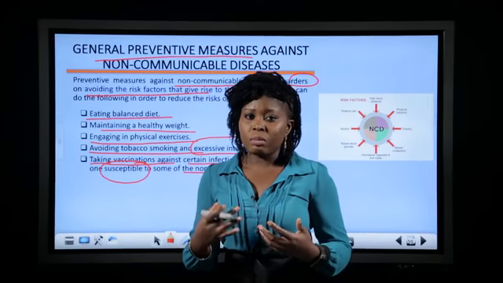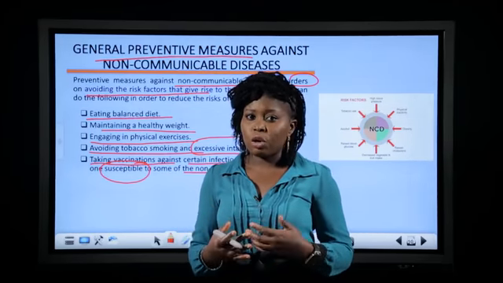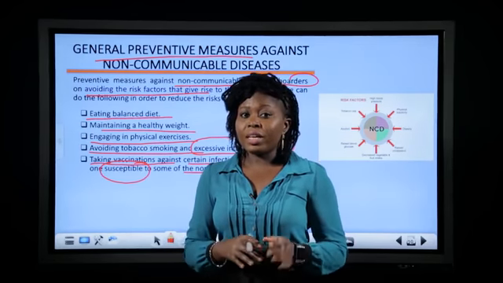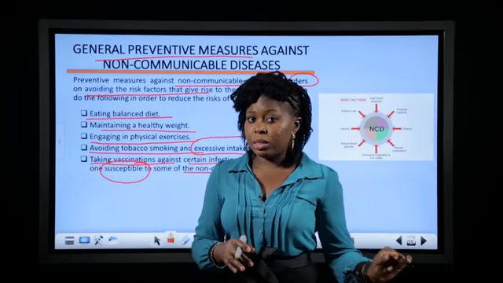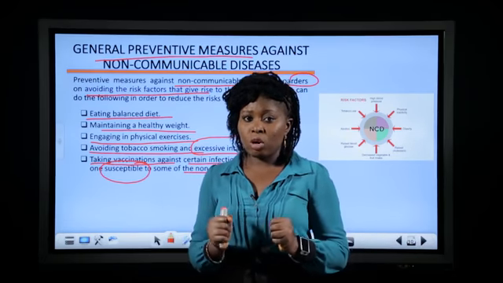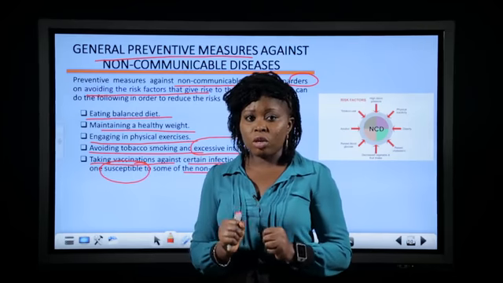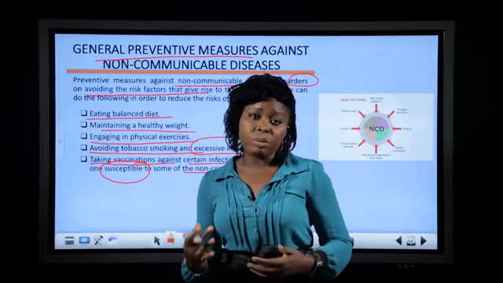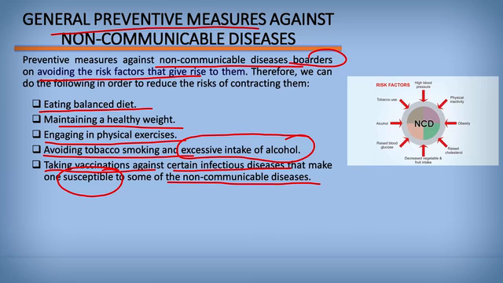And when the immune system is lowered, the body cannot fight off diseases when they come. So when we take vaccination against those communicable diseases, our body and our immune system will be strong enough to fight off any other kind of disease, whether communicable or non-communicable, that is trying to invade our body.